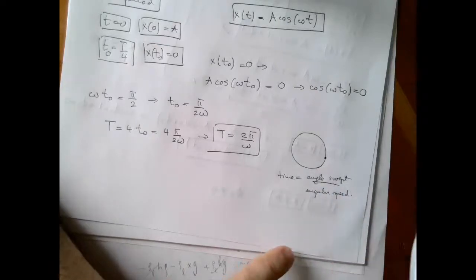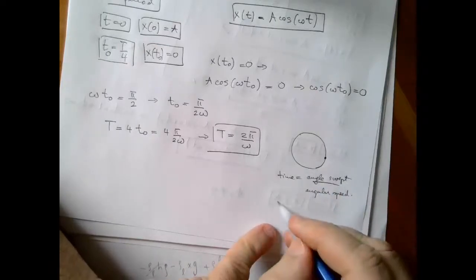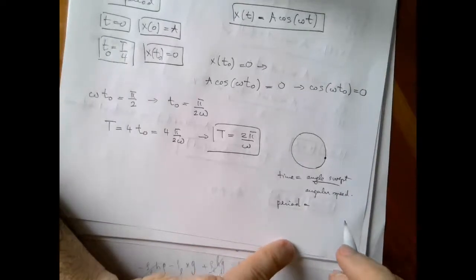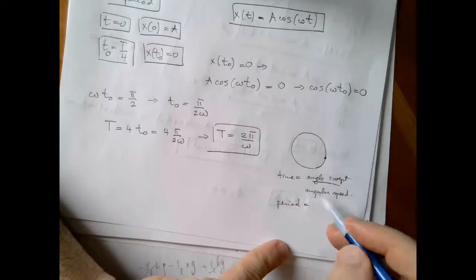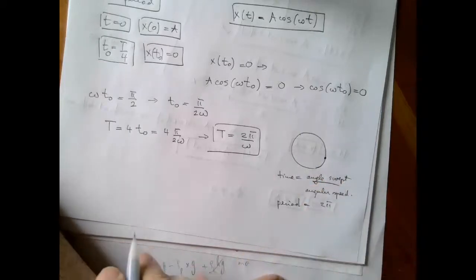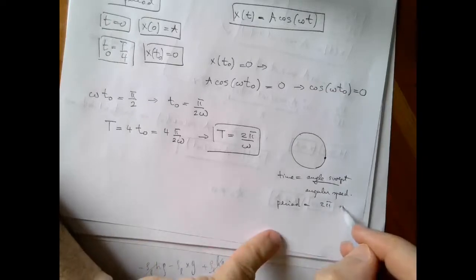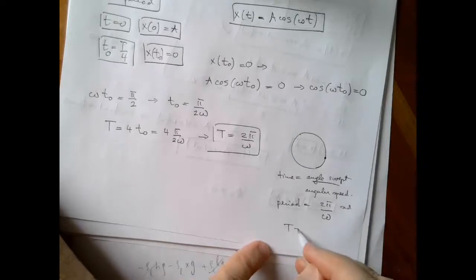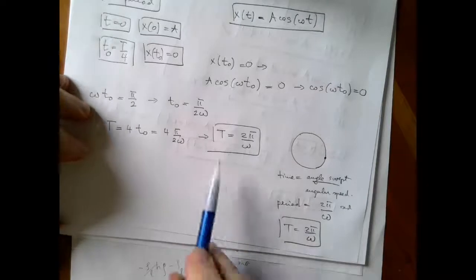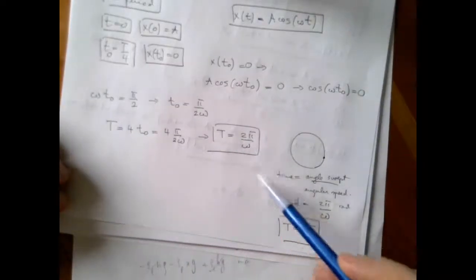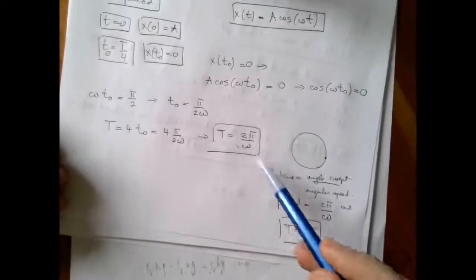So time was angle swept over angular speed. But if we want to call this time a period, that means the time it takes the object to complete 1 revolution, then the angle swept is 2 pi radians, and angular speed is omega. So 2 pi over omega. We'll see in a future video that this is not a coincidence.